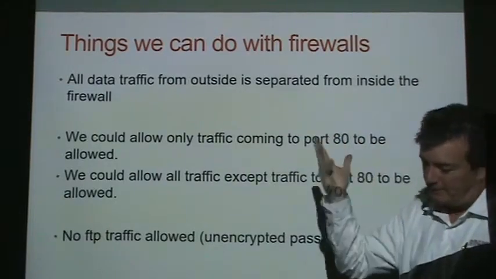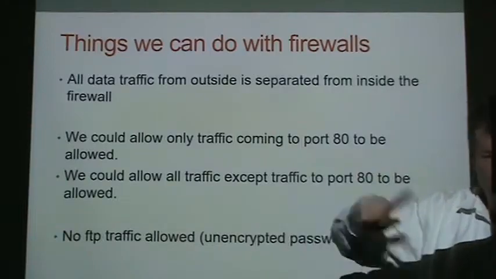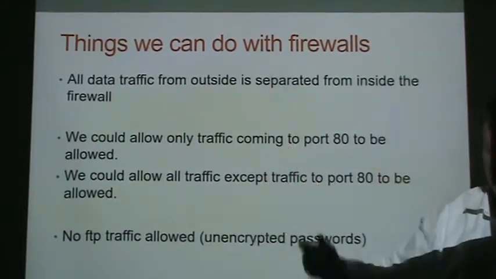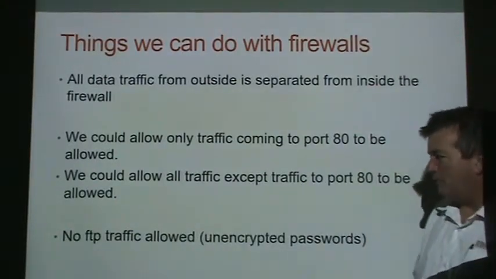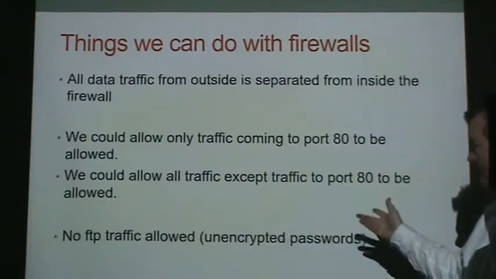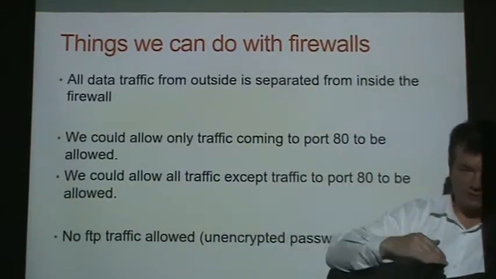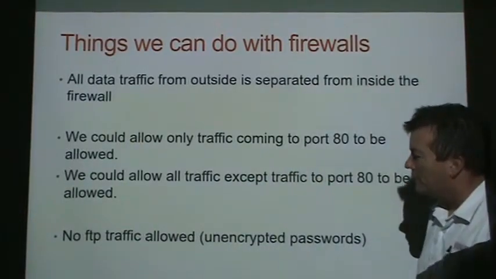Let's say we had a web server, and we only serve up pages on port 80. So only messages coming into us asking for port 80 would be allowed through. And we could allow all traffic except traffic that is on port 80. That would block anyone trying to get to our server looking for web pages, if we decided we want to shut that off.